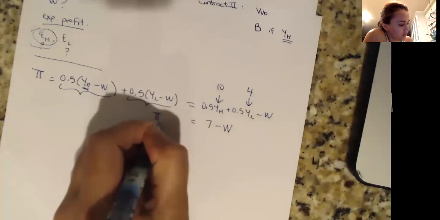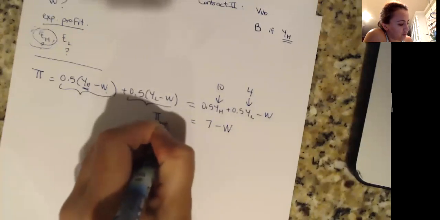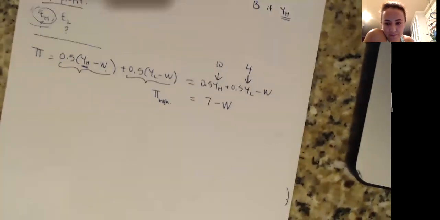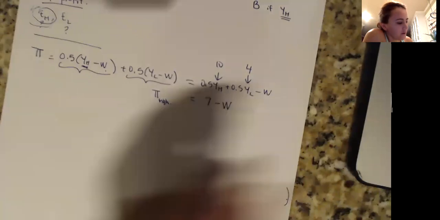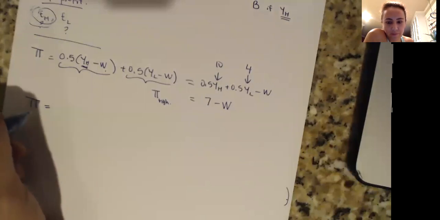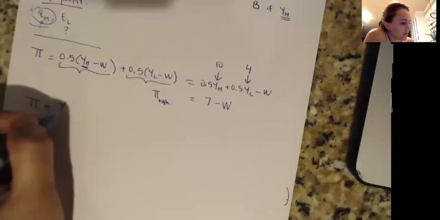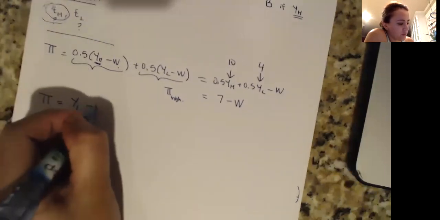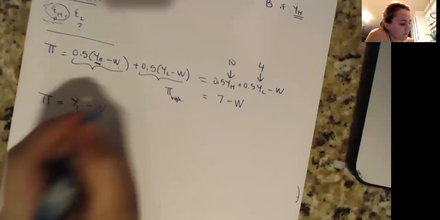If the person shows high effort. And if I'm faced with a low effort worker, then the output is going to be YL for sure, and I'm paying W anyway.